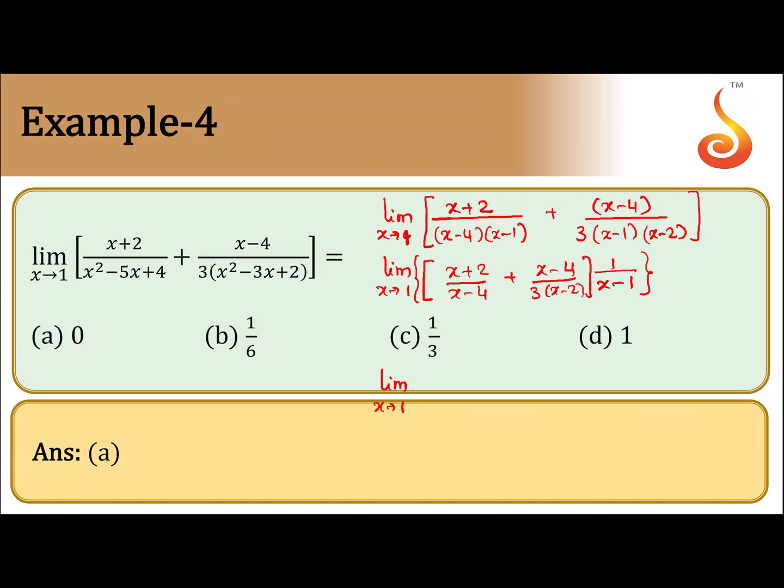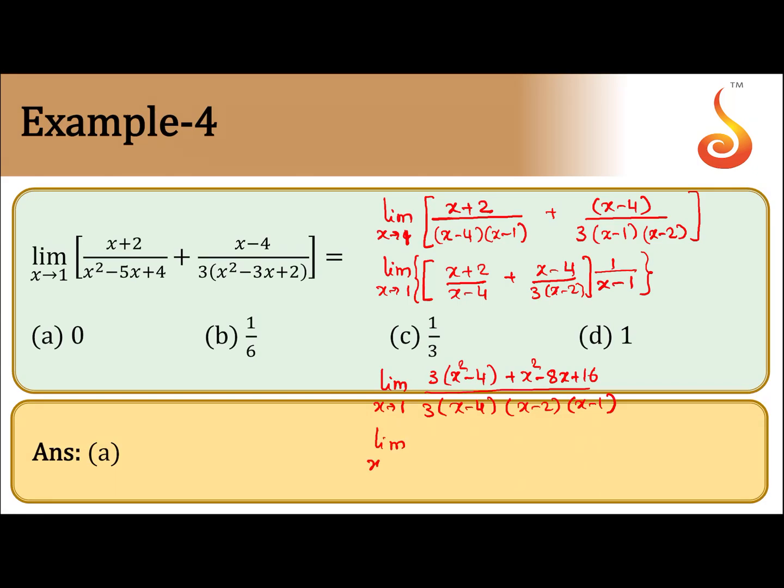So if we cross multiply, what we get? 3 times x square minus 4 plus x square minus 8x plus 16, whole divided by x minus 4 into 3 times of x minus 2 into x minus 1.